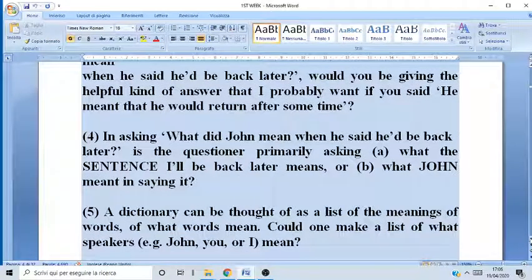In asking, what did John mean when he said he'd be back later? Is the questioner primarily asking what the sentence I'll be back later means, or what John meant in saying it?